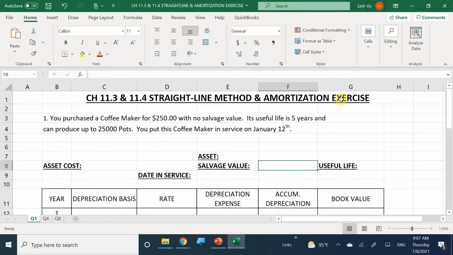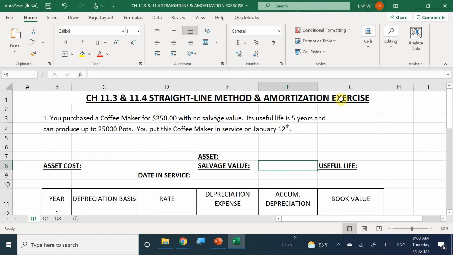Okay. So once again, this is going to be chapter 11.3 and 11.4 exercises because they are similar in concept and idea. So let's take a look at the first question here. You purchase a coffee maker for $250 with no salvage value.